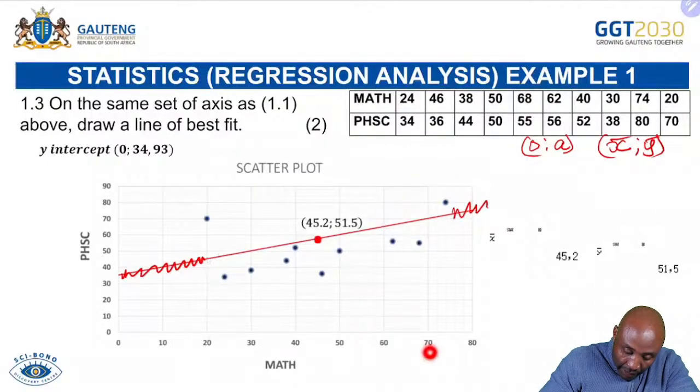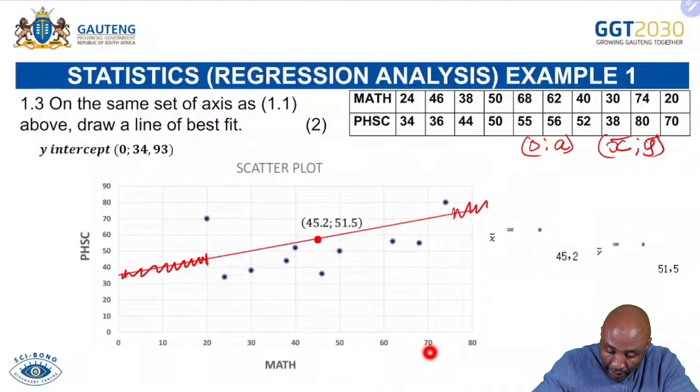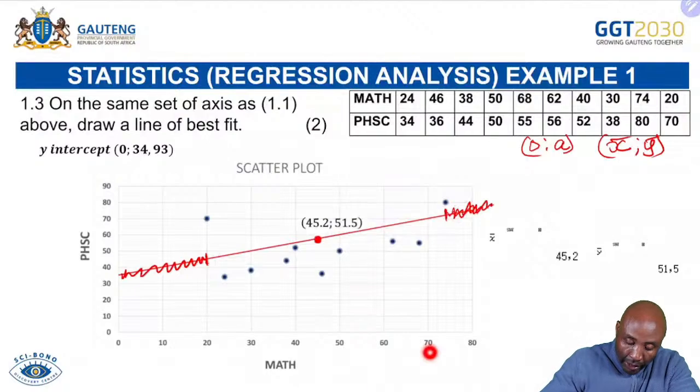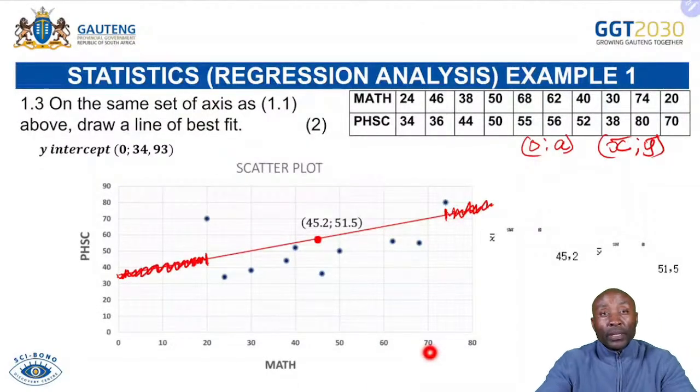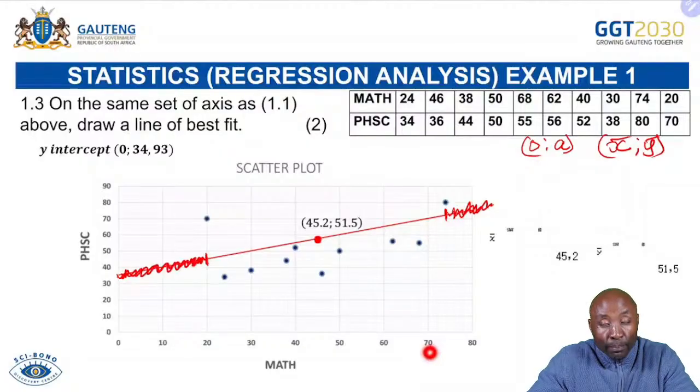So our graph must start here and it must end on the last point there where our x value is 74. It must end there. This part, you erase it. We are using a pencil, you erase this part. It should not be there on your final answer for the scatter plot.